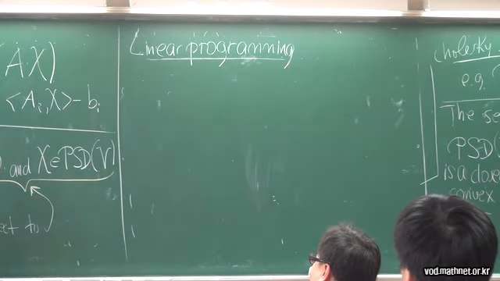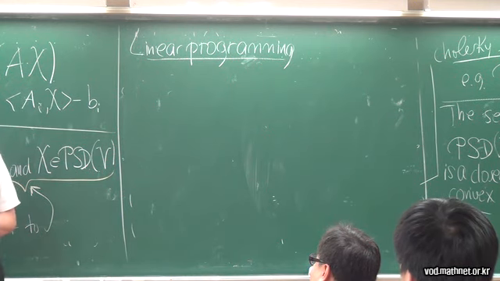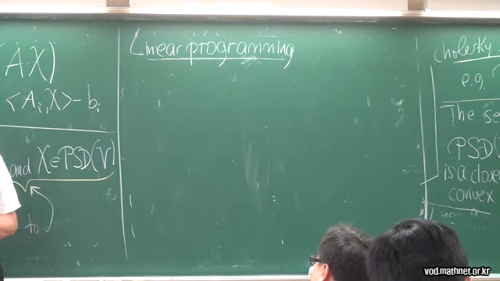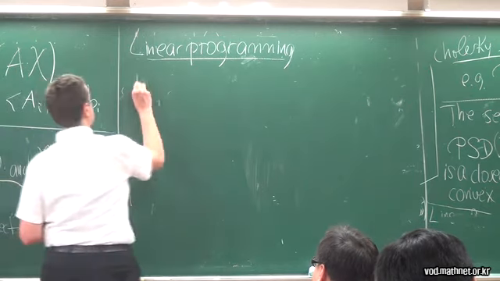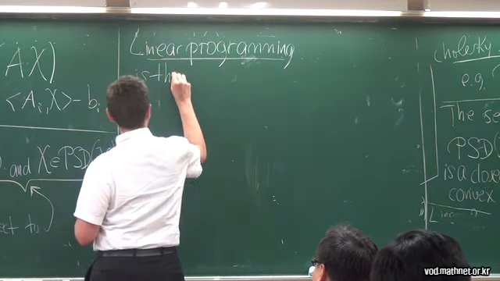Just out of curiosity, is there a course in the KAIST math department that teaches linear programming? No. Engineering probably has a course, not the math department. How about Postech? Is there a course in linear programming? Okay, I'm just curious. Linear programming is a special case of semi-definite programming.